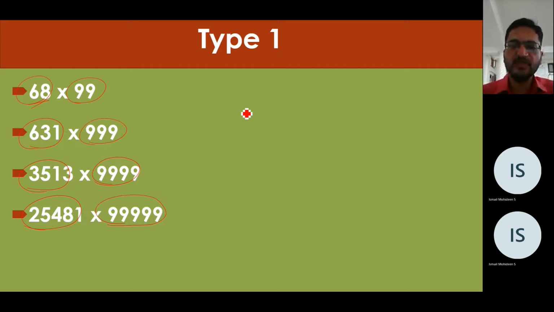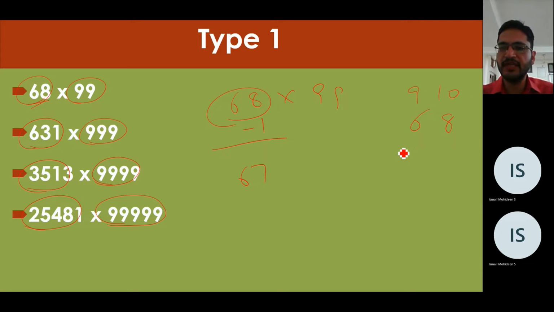Now 68 into 99. First of all, we will subtract 1 from this number. We will get 67. Now we will find complement of 68, all from 9, last from 10, and we will get 32. And I will write here 32. So answer is 6732.